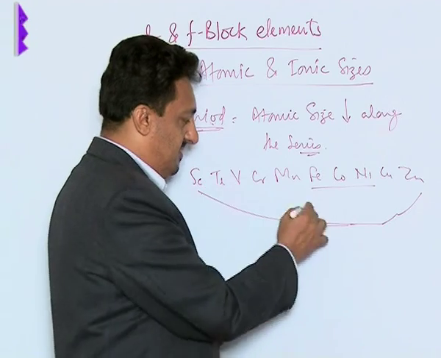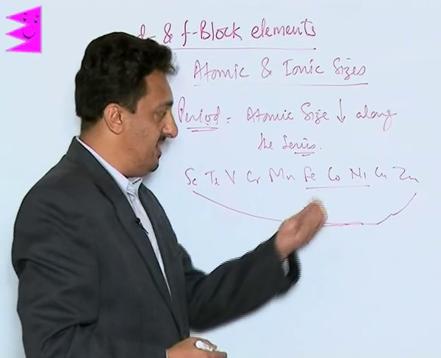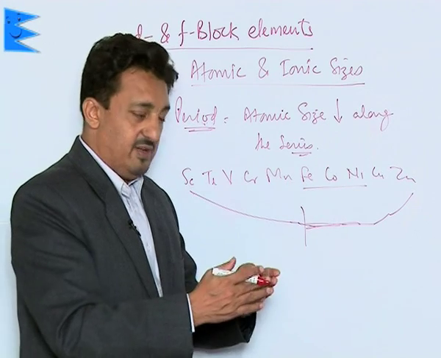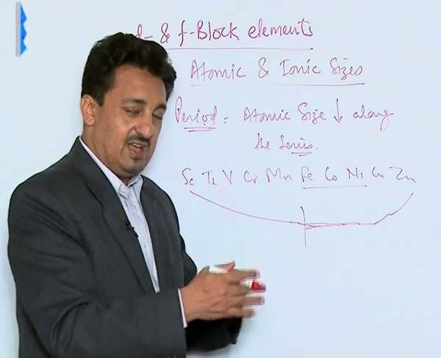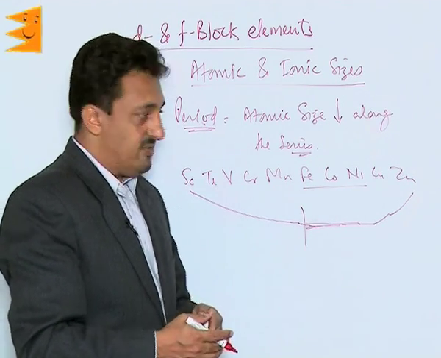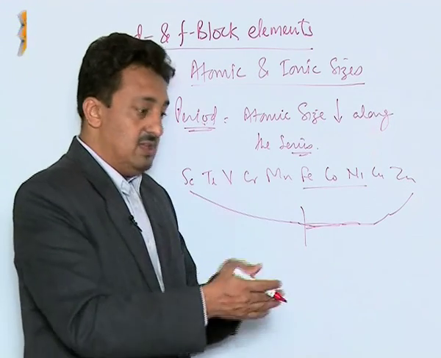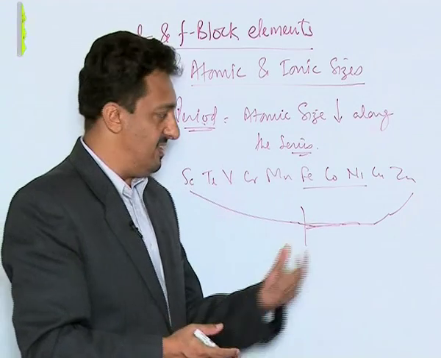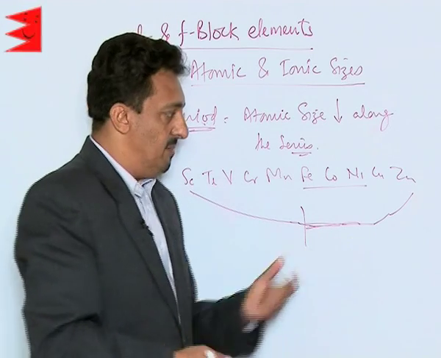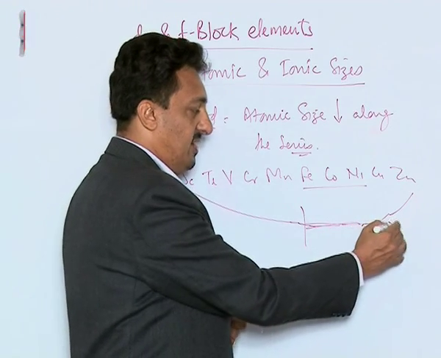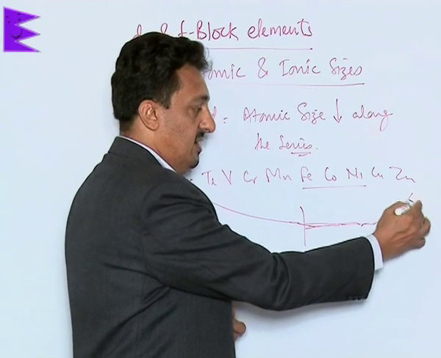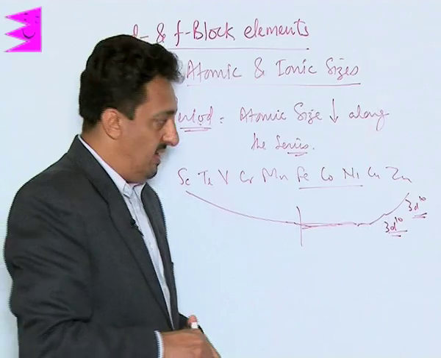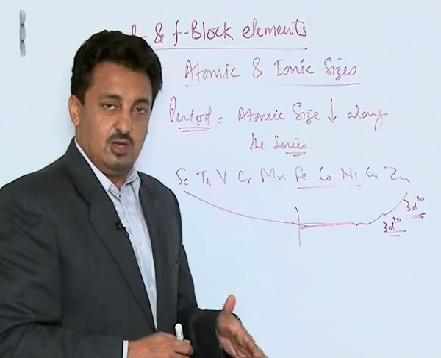The reason is that the number of unpaired electrons decreases due to pairing, so the interelectronic repulsions and the increase in the nuclear charge counterbalance each other, and that's why the sizes are almost comparable. But the moment we get the 3d10 configuration in copper and zinc, due to the stronger interelectronic repulsion, the size increases. And the same trend is noticed in the lower series.